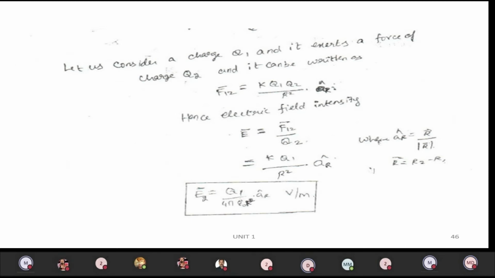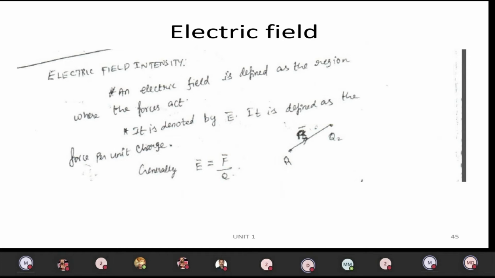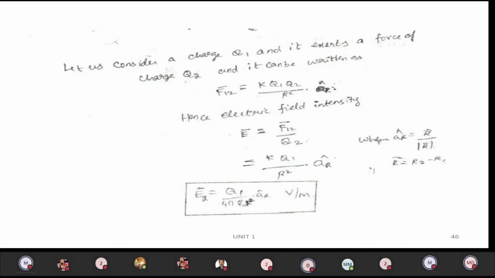So in the electric field we have only one Q. If you divide the force by any one charge, you get the electric field. For force we have Q1 Q2 divided by 4 pi epsilon r square. Divided by Q, one Q gets cancelled, so for the electric field you get only one Q.